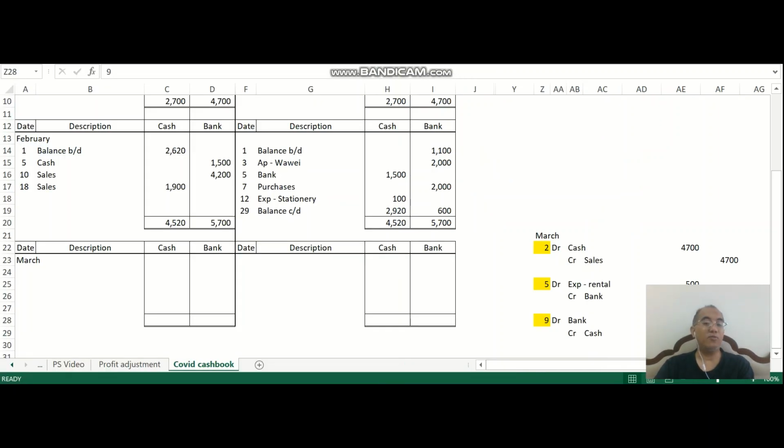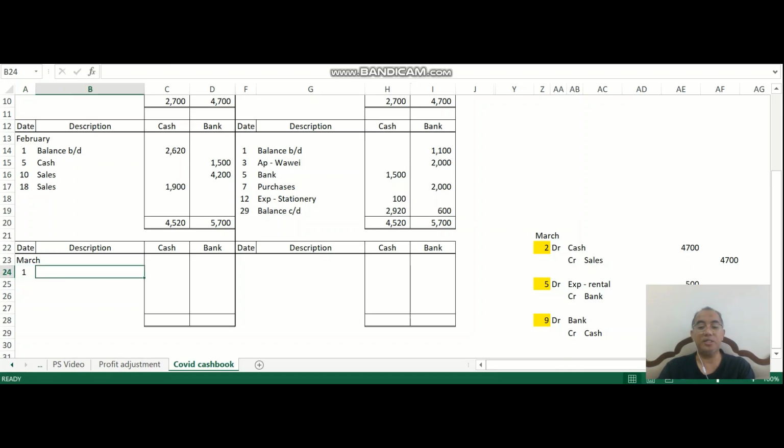Okay, I have opened the cash book, but remember, before we proceed to put in the transaction for March, we still need to bring down the balance C/D from February. So this is balance C/D from February. Okay, so balance C/D is over here, so it has to be crossed to March at the debit side.